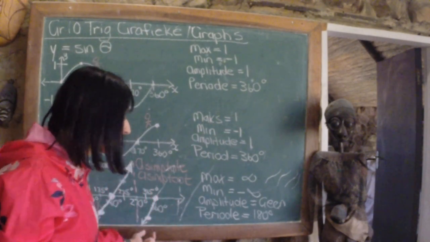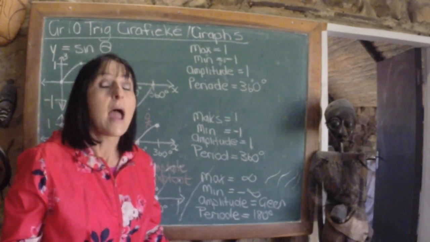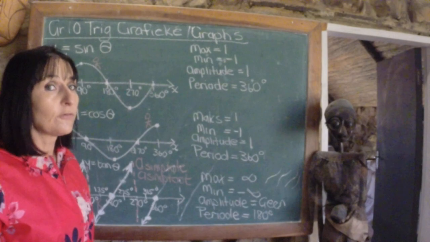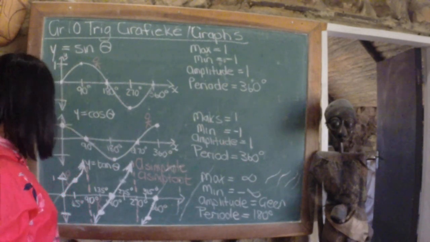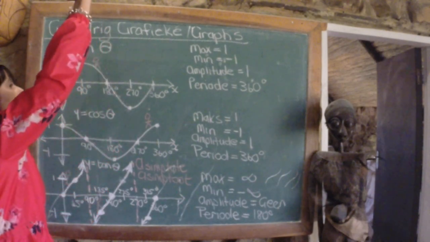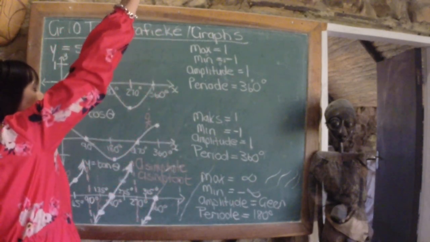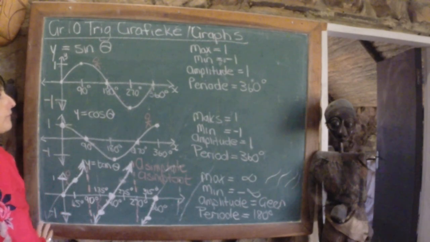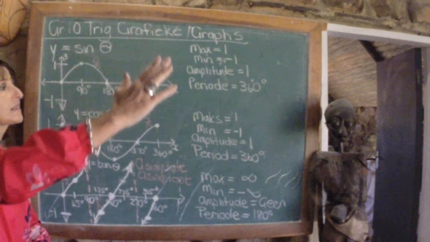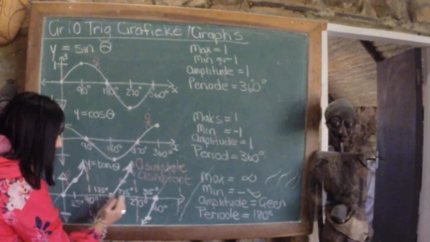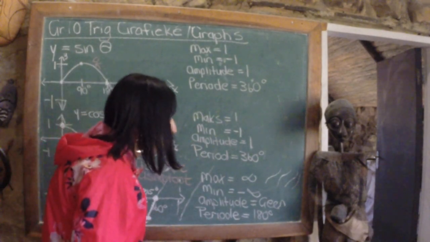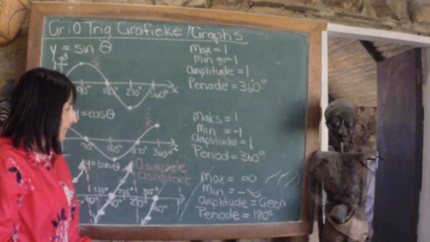So in the tangent's case, there's no amplitude. Daar is nie 'n amplitude nie, because it goes on forever. Goed, my periode, hoe lank vat dit vir so een kurwe om te voltooi in grade? It's 180 degrees. 180 degrees, that's the period of a tangent curve.